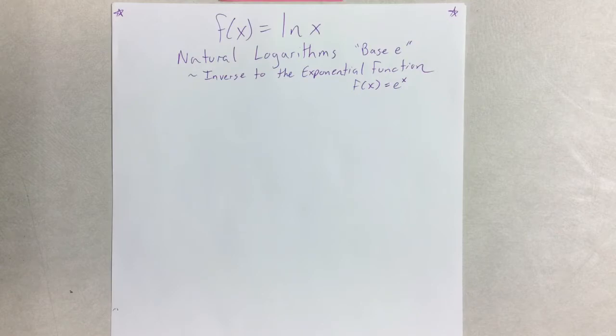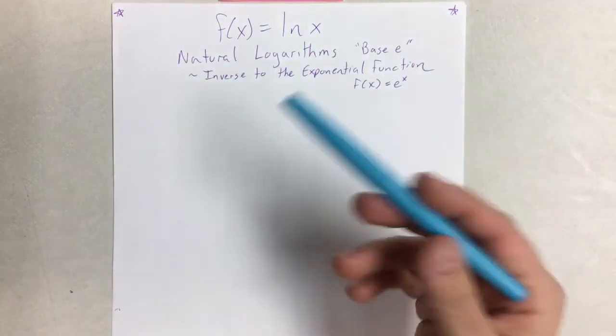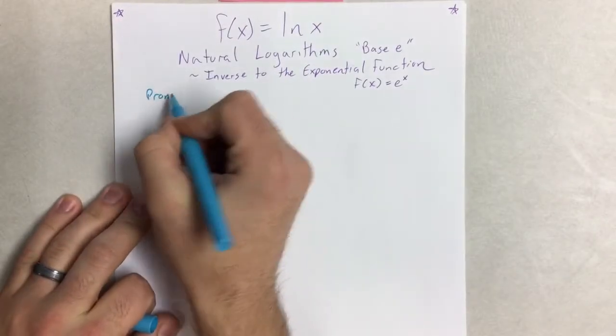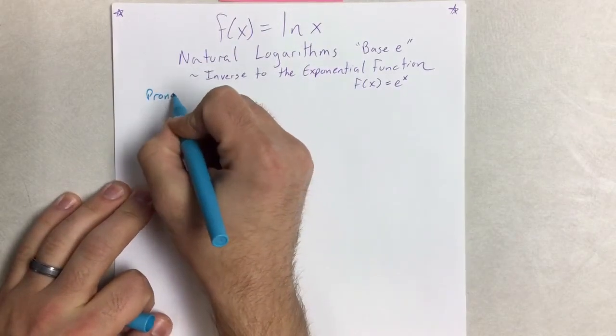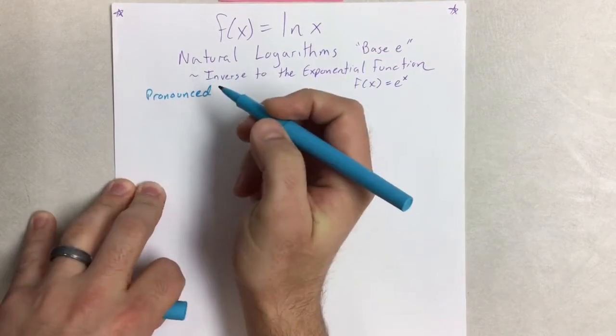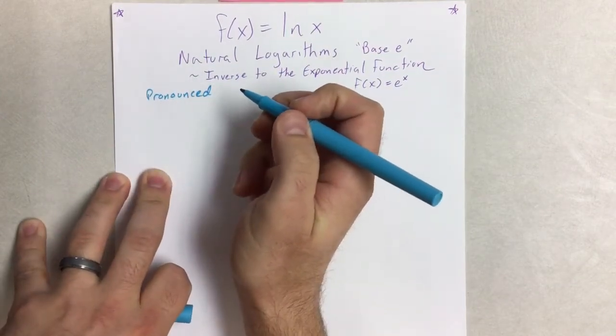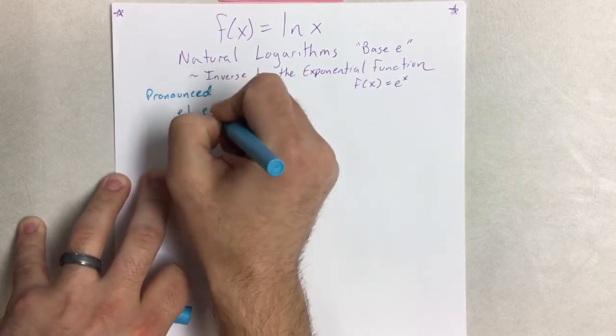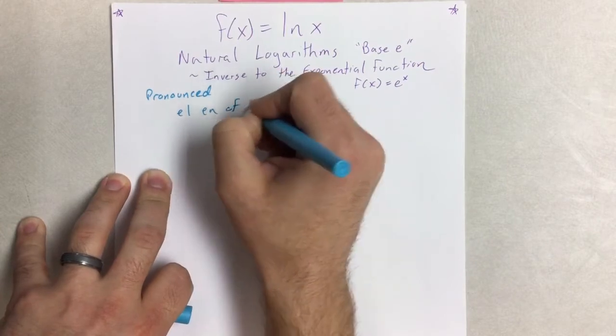I'm going to write out how it is pronounced, so we're not sounding silly when we're talking to each other about math, because we never want to sound silly about math. We pronounce it Ln of x.